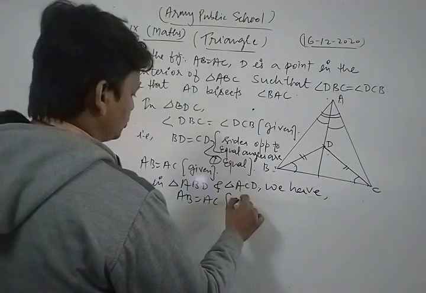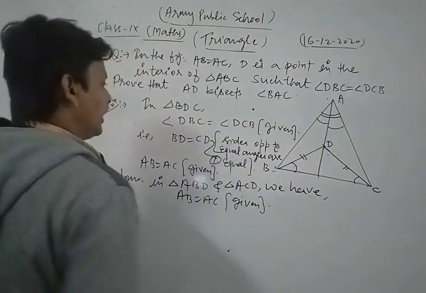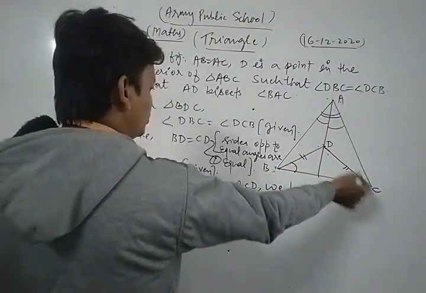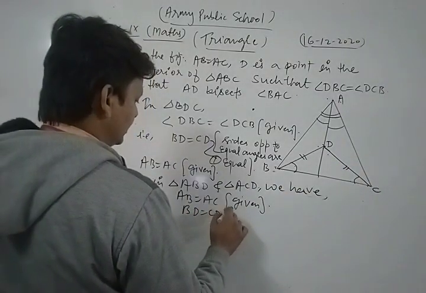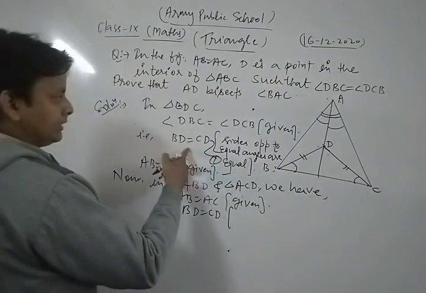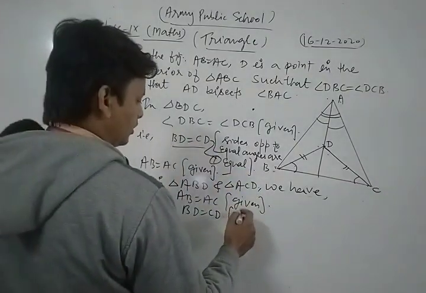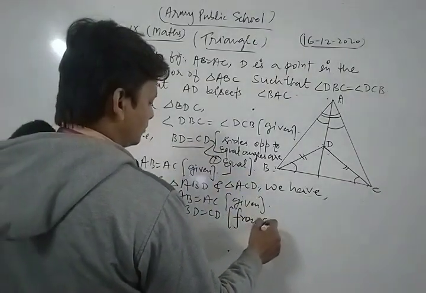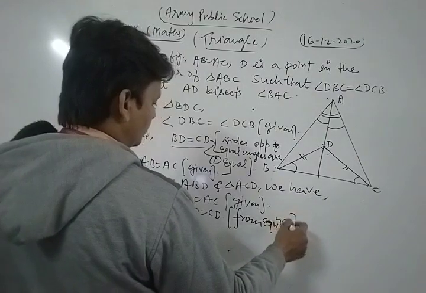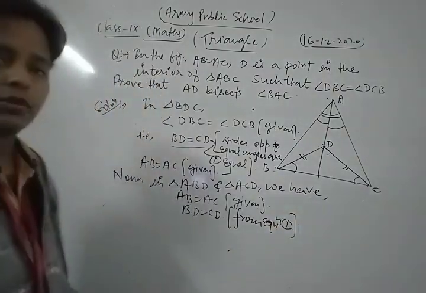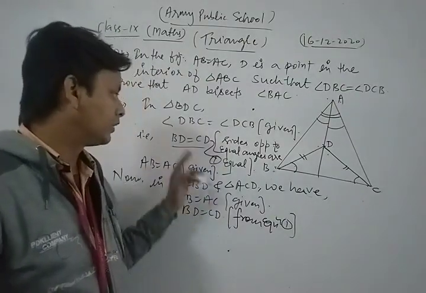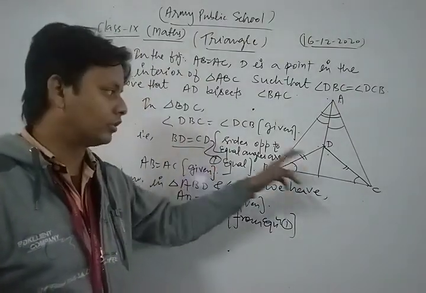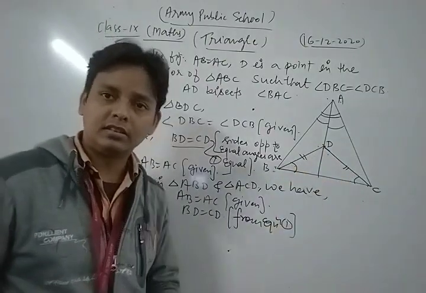This is given in our question. BD is equal to CD. This is from equation 1, by the concept that sides opposite to equal angles are equal.